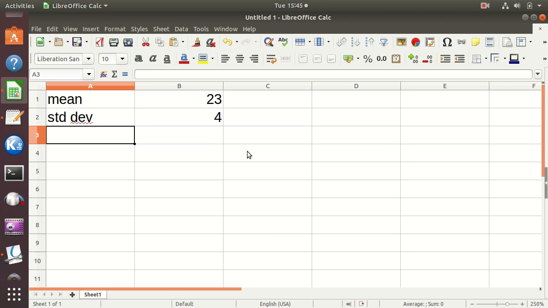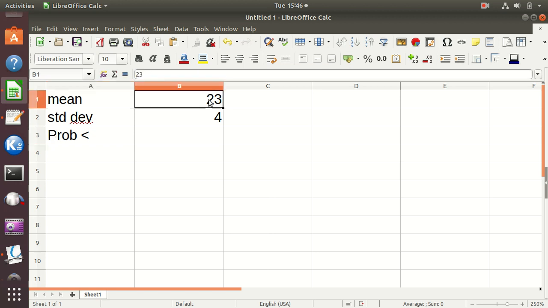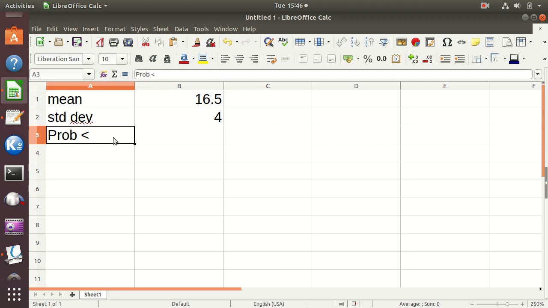But then, if I know the whole thing's 1 or 100%, I can just subtract. Okay, so here I can get the probability of being less than, oh, and see, I put that mean as 23, 16.5. What's the probability of being less than 23?